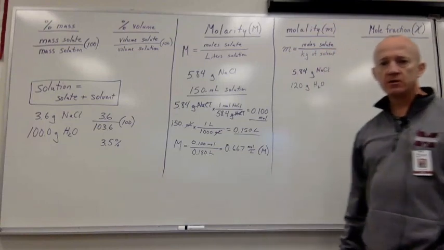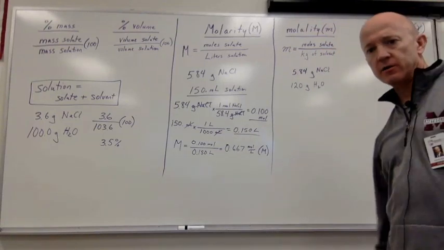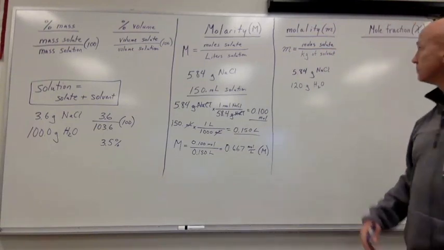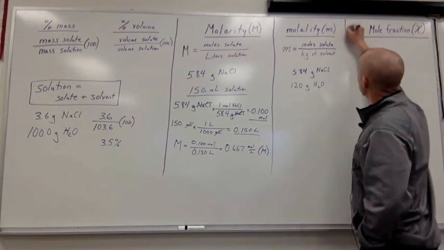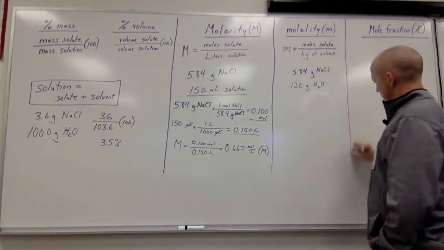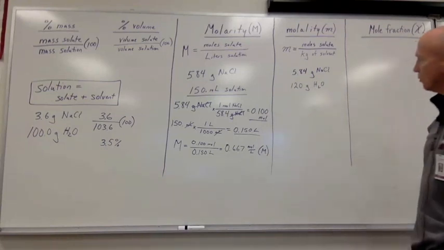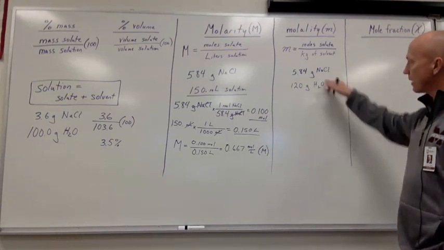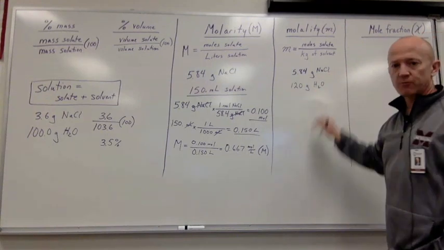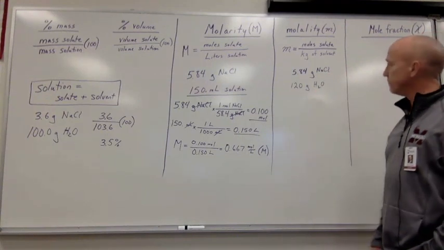So I'm using 120 grams of water to dissolve this. Here, I'll give us a little box again. Do you like the boxes? Okay. So grams of sodium chloride and grams of water, and we need to find the molality.